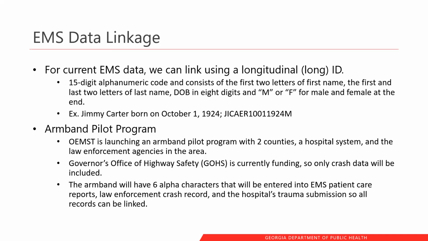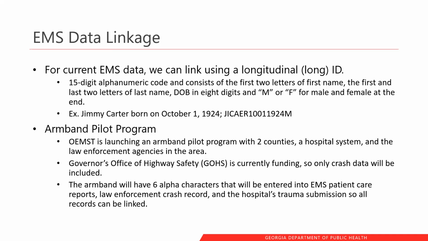So for example, Jimmy Carter was born October 1st, 1924. That is the ID that would be used. And theoretically, you would link it with the EMS record, the hospital record, the trauma registry, and across those data sets.